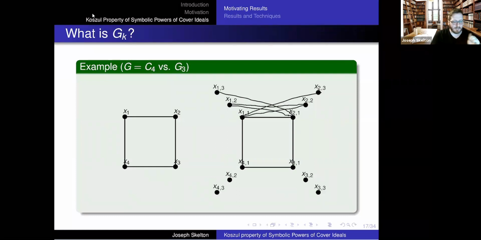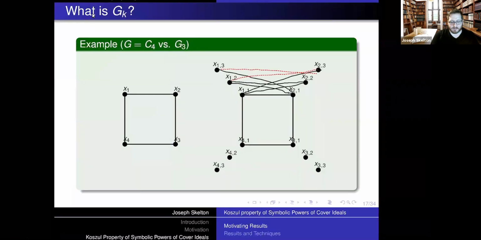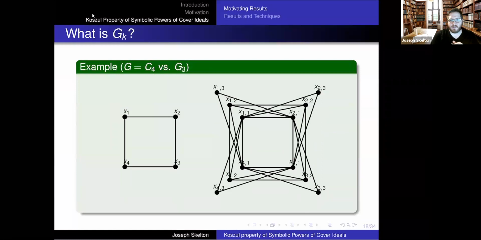But I cannot connect x12 to x23 because the second index is too big, or x13 and x23 because the second index is too big. And if you do that for everything, you get a graph that looks like this. The G_ks can get very big and very unwieldy very quickly, but they look really cool.